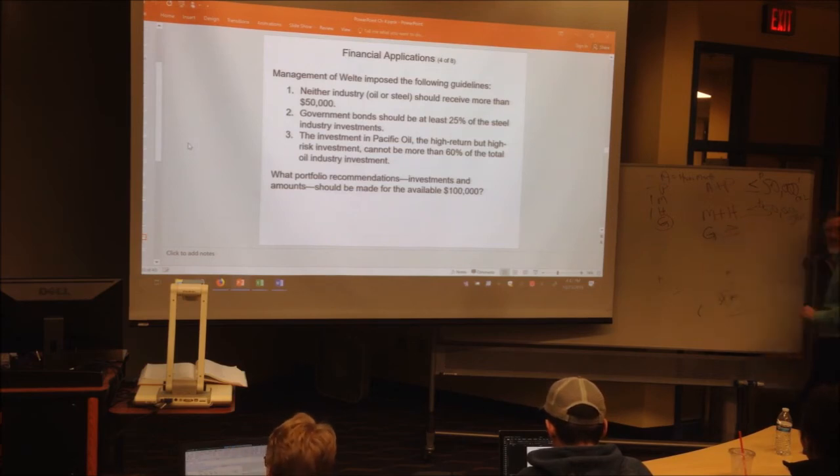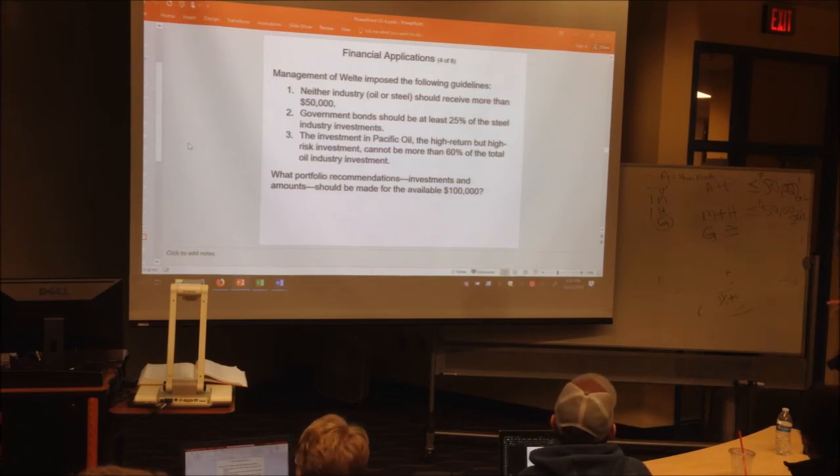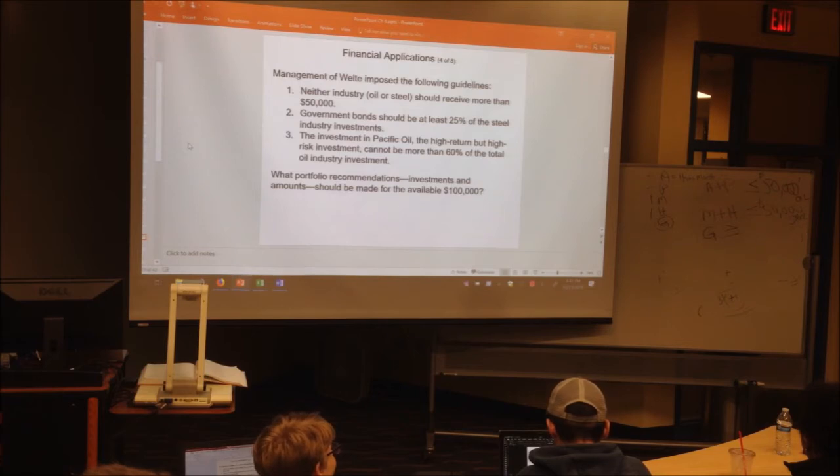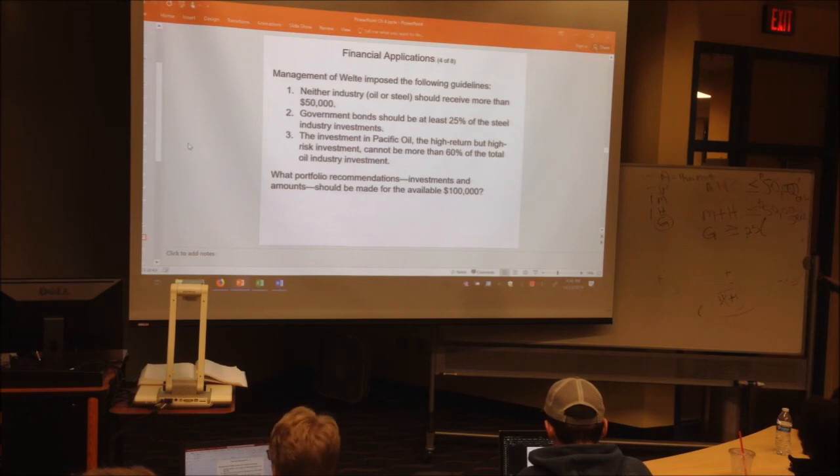At least means greater than or equal. At least 25%, 0.25 times the steel industry investments.